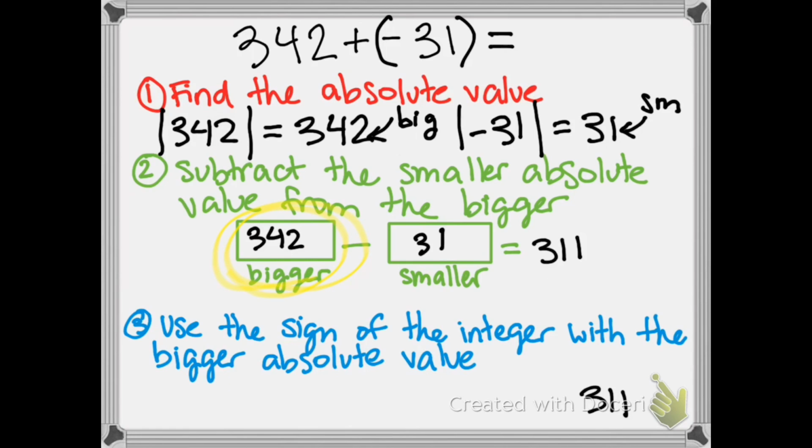That's the one with 342. And in the original problem, 342 was a positive number, which means my answer is also going to be a positive number. So my answer is positive 311, and I actually do not need to write this positive sign because we don't usually do that. So that's my answer, positive 311.